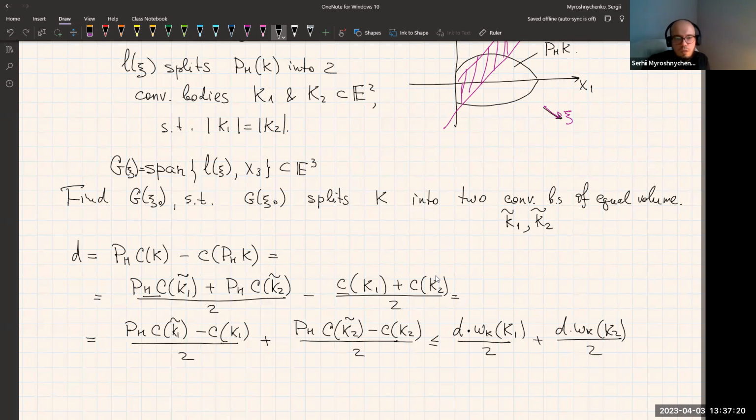Again, this is because K is the optimizer. So whatever we get for K1 cannot be greater than the thing that we got for K.